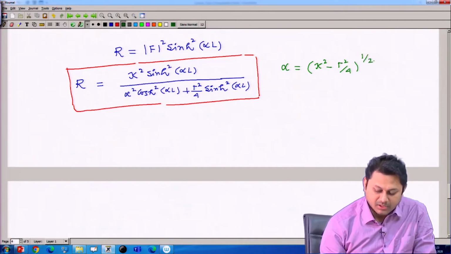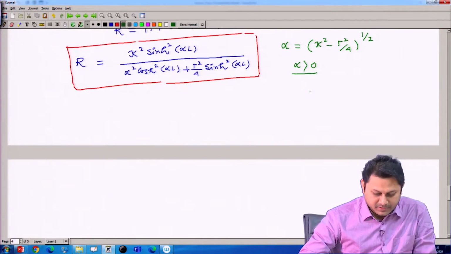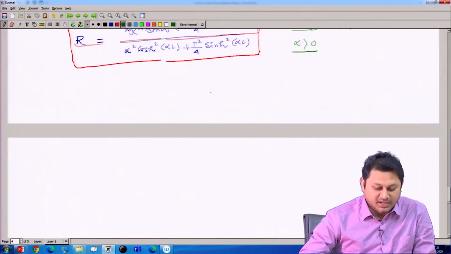That was my alpha, with the condition that alpha is real and greater than 0, that means it is positive. Based on that condition I get this result, but we also calculate a condition where this kappa square is less than this one, and then I get a different solution.